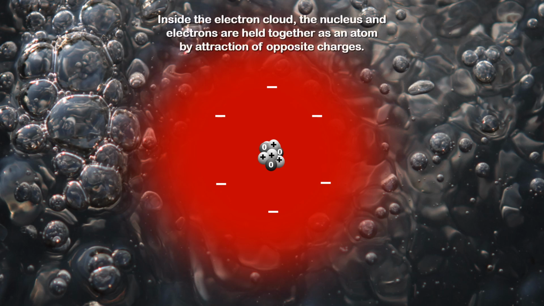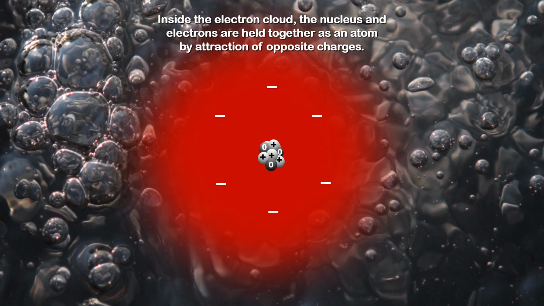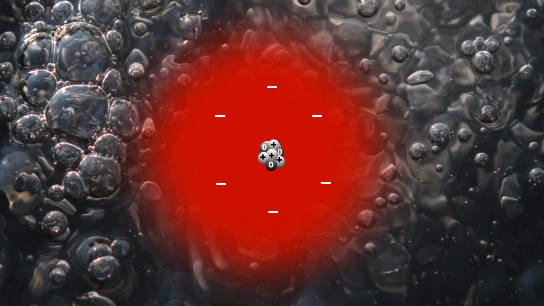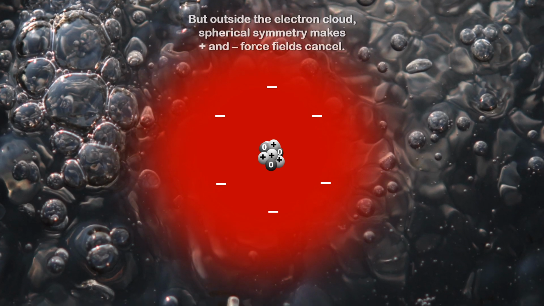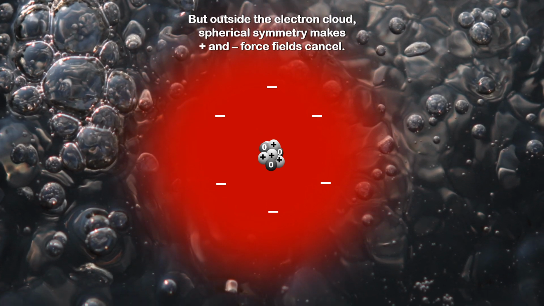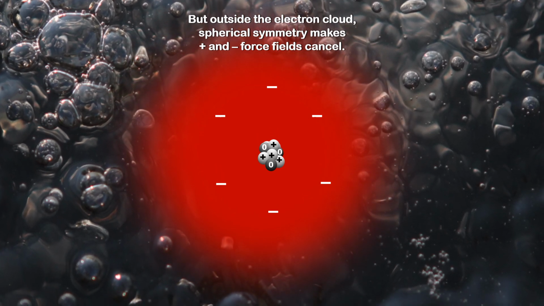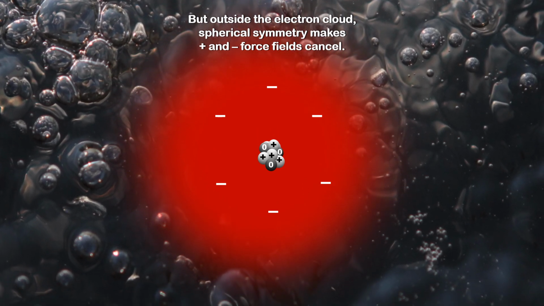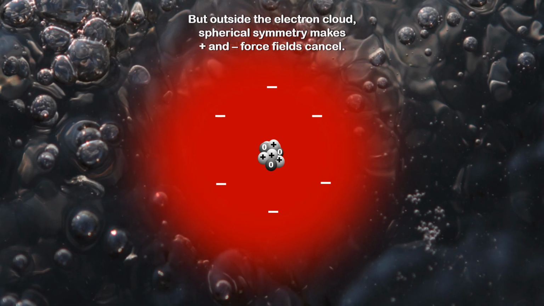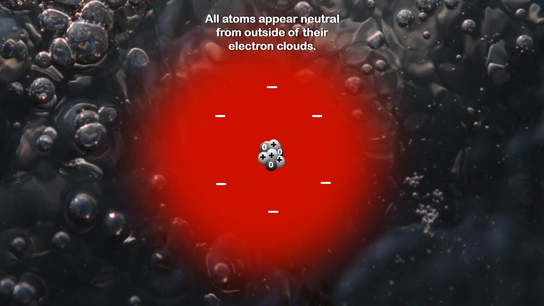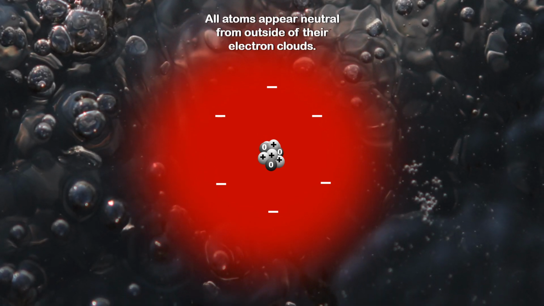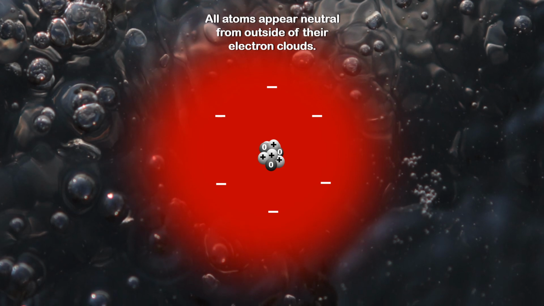The nucleus and electron cloud are held together as an atom by the attractive force between opposite charges. But outside of the electron cloud, when plus and minus charges are equal, this spherically symmetrical configuration makes plus and minus force fields cancel and makes an atom appear neutral from outside of the electron cloud.